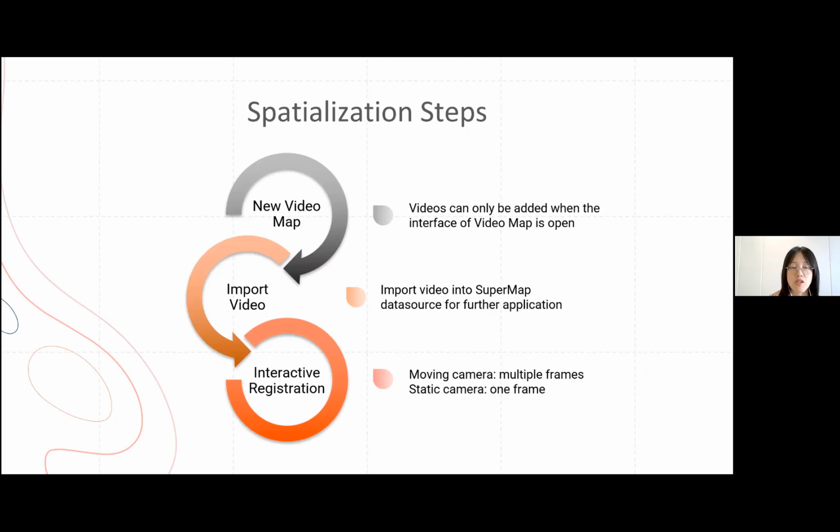Here are the steps for spatialization of video. First, we need to create a new video map. Once we create a new video map, then we can add or import videos into the software. If there's no video map created, then you can't find the entrance or the function to import a video into our GIS desktop software.